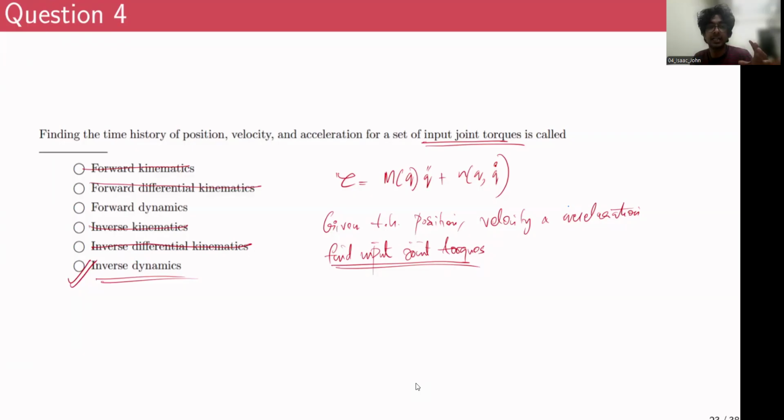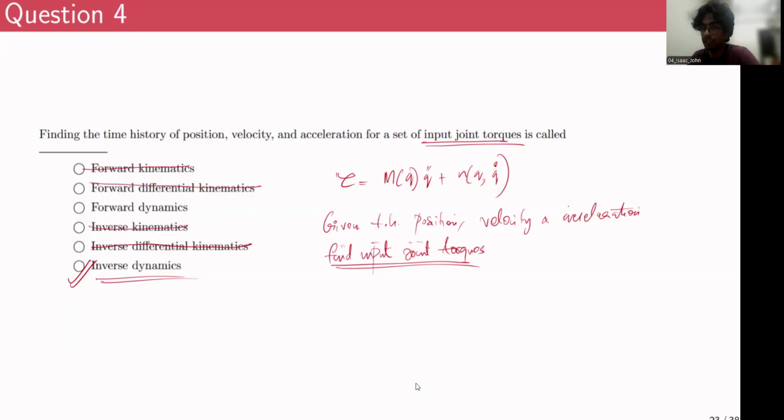And forward dynamics, it's like simulating the robot, right? If you give the control inputs to the motor, what will be the trajectory of the robot? So it's an act of simulating. You apply some input and observe what will be the reaction of the manipulator. So that is forward dynamics.